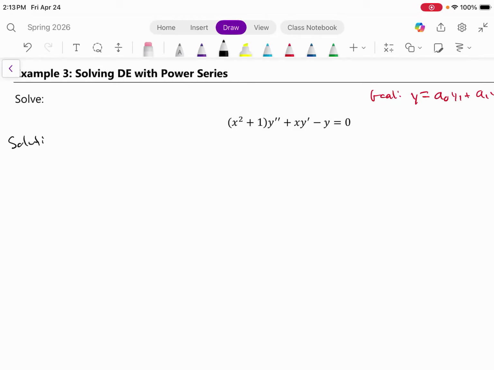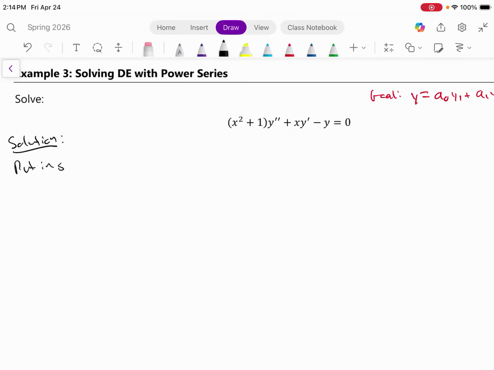So solution on this. All right. So we want to make sure that x equals 0 is an ordinary point because that'll give us an easier power series solution to work with. So we'll put in standard form.